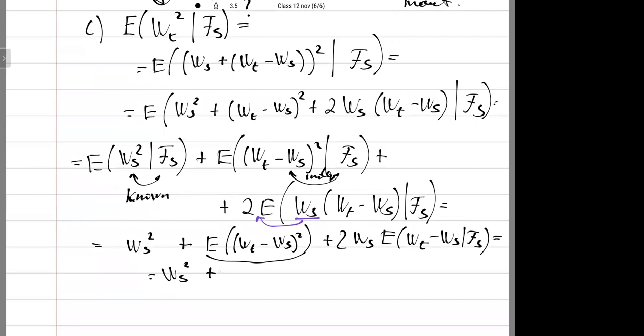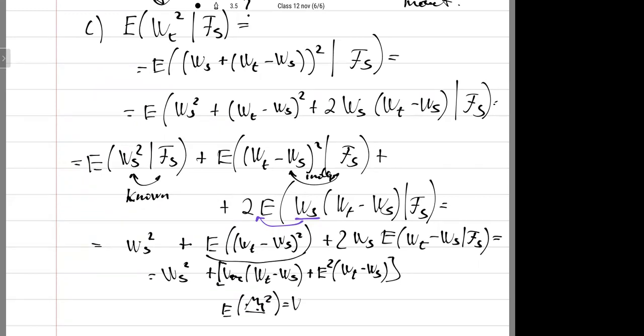So it's variance of WT minus WS plus expected value squared of WT minus WS. How to calculate the expected value of a random variable squared? It's variance of it plus expected value squared of it.